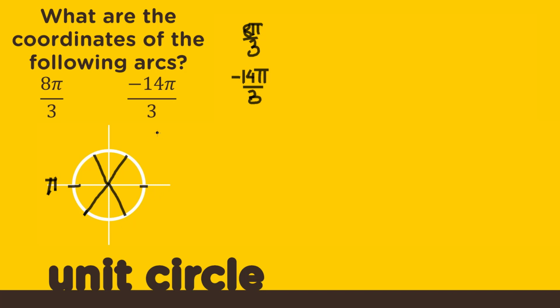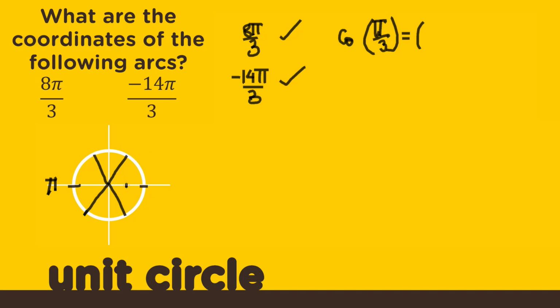But I'm going to show you here another method involving coterminals. Once you are sure that both arcs are more than one revolution, you can simply do this. But take note, let's not forget the coordinate of pi over 3. For those of you who were not able to memorize that, it's here.